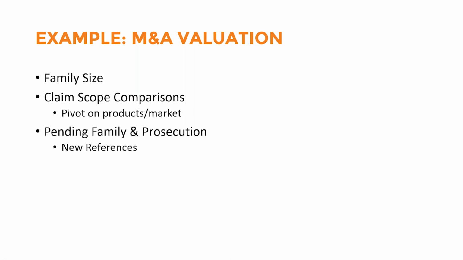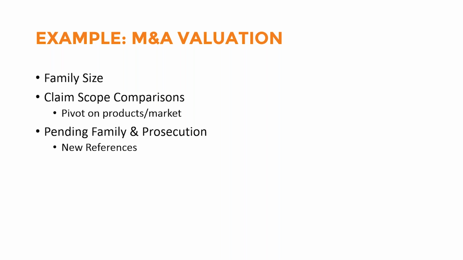They've spent a lot of money on family in different countries, and I want to overlay that against their R&D charges or their product sales in that marketplace. So I will look with a fairly strong depth as to the family size. I'll do claim scope comparison, to see if they have the same coverage abroad.